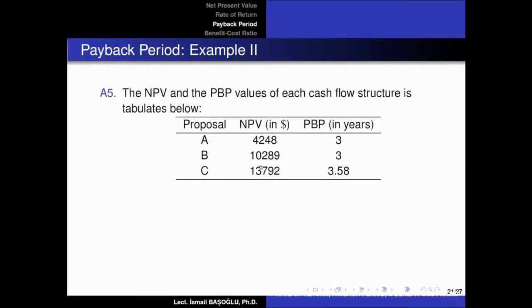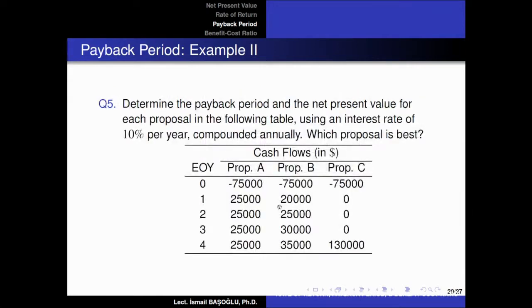Now, the net present value for proposal A, proposal B, and proposal C is respectively $4,248, $10,289, and $13,792. Okay, under 10%, the present values are calculated. In the first proposal, we use the uniform series present worth factor to discount the uniform series.